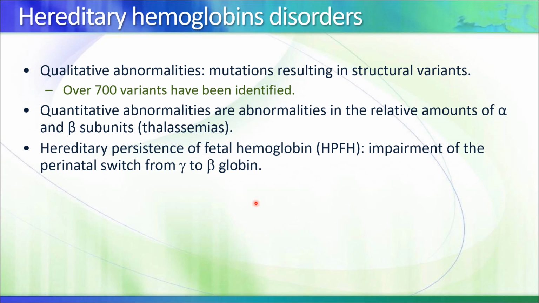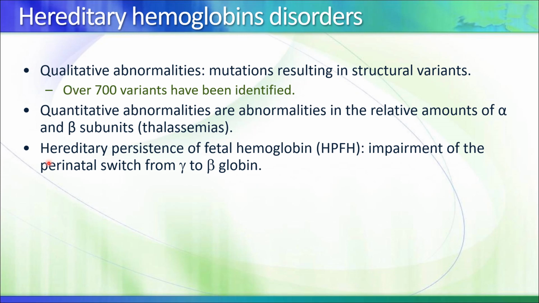So we can classify hemoglobinopathies into different types. We have what is known as qualitative abnormalities. Basically, we have mutations that result in a different structure of hemoglobin that makes it defective in transporting oxygen.